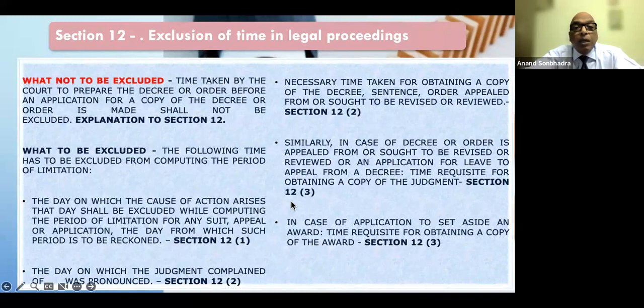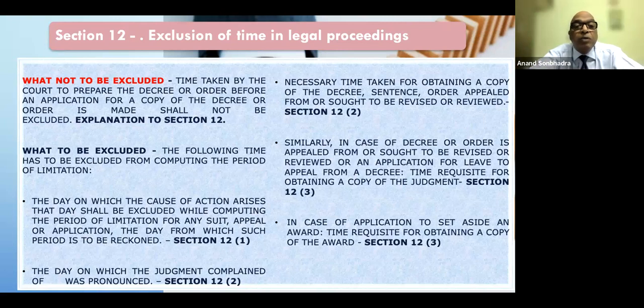Now, let's revisit section 12, exclusion of time in legal proceedings. I've tried to work out a couple of things here, so let's look at that carefully. What not to be excluded? While dealing with section 12, there are certain nuances in my understanding which need to be taken care of.